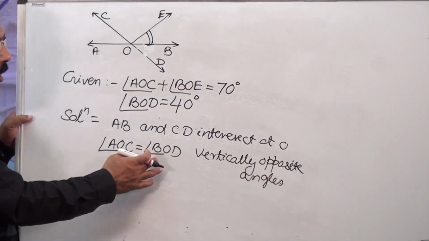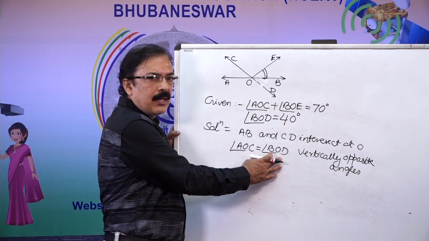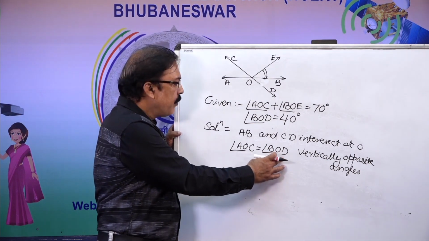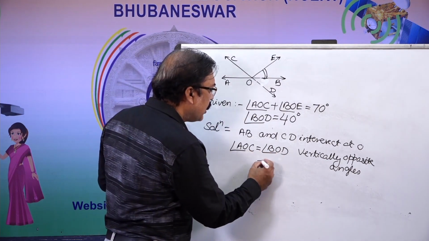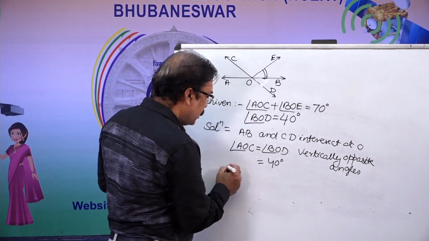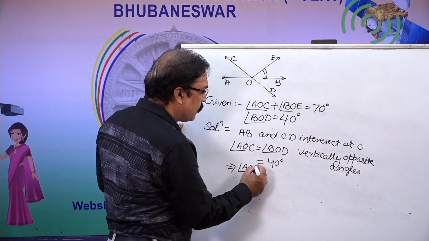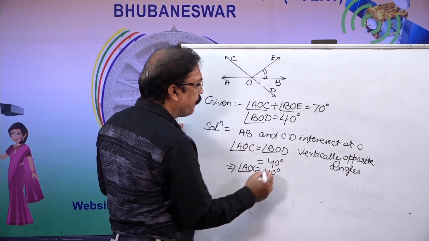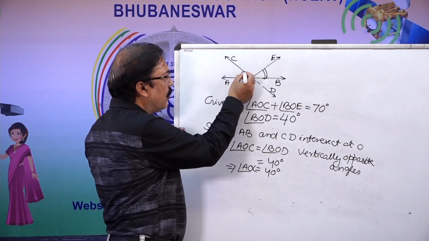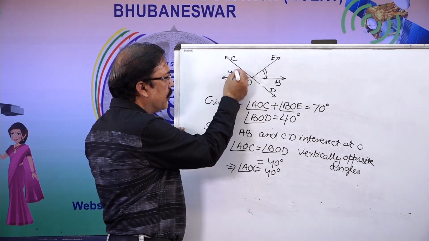And we know the measure of angle BOD is 40 degrees. This implies angle AOC is equal to 40 degrees.